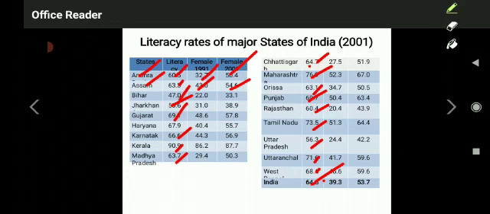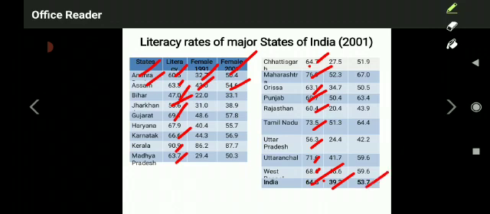If we have a glance at the entire country's female literacy rate in 1991 and 2001, it was 39.3% in 1991 and it becomes 53.7% in the year 2001.